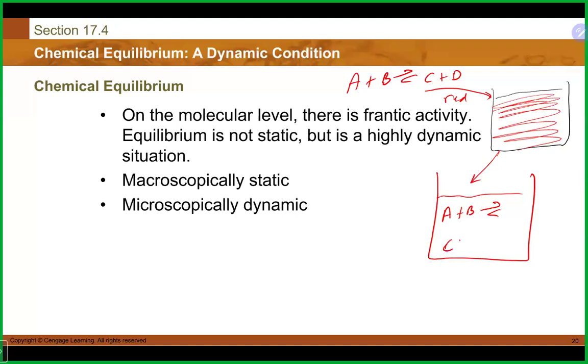You would have reactants going to products, products going back to reactants, constantly occurring. But when you just look at the beaker, it just looks like it turned red, it's over.